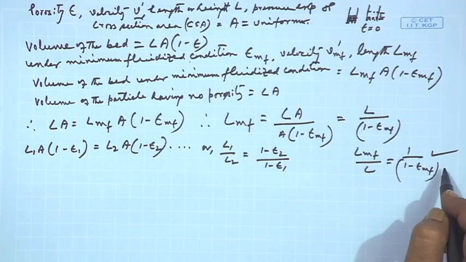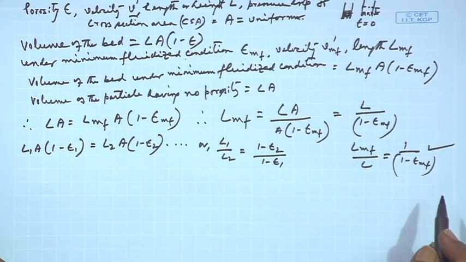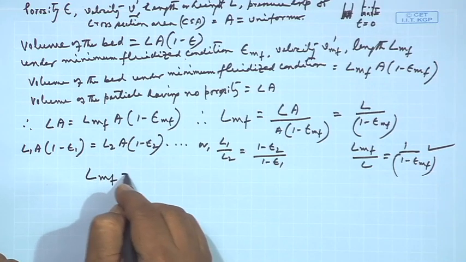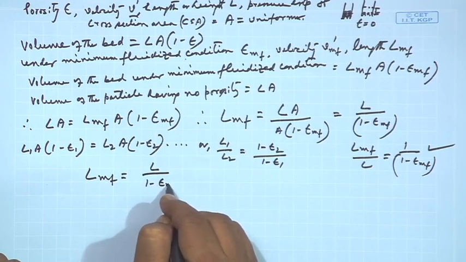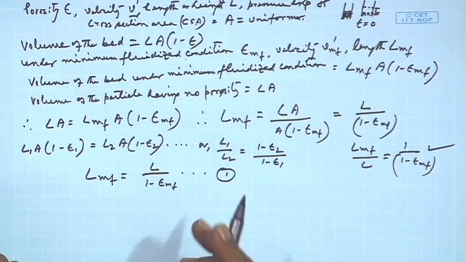So, what we can then write is that LMF is L over 1 minus epsilon MF, say we note it to be 1.